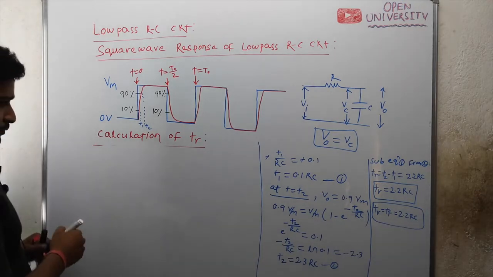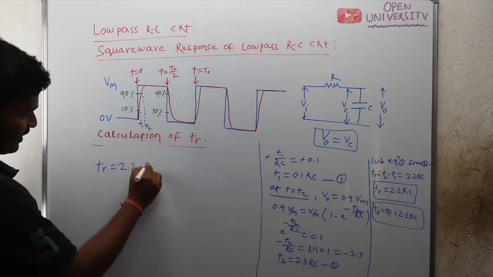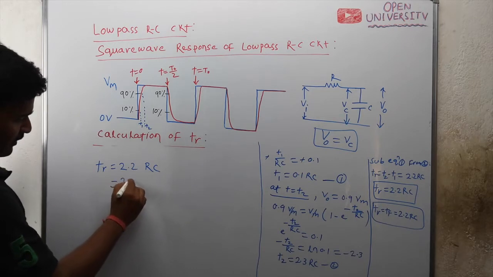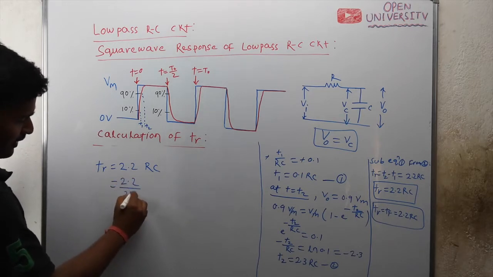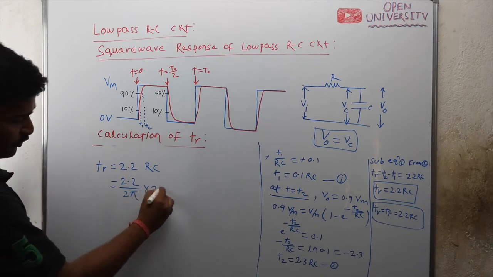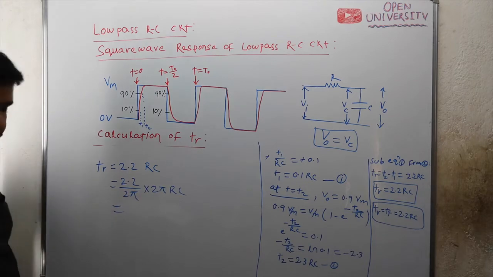So the formula for rise time is 2.2 times RC. Now divide with 2 pi and multiply with 2 pi. Okay, then what happens?